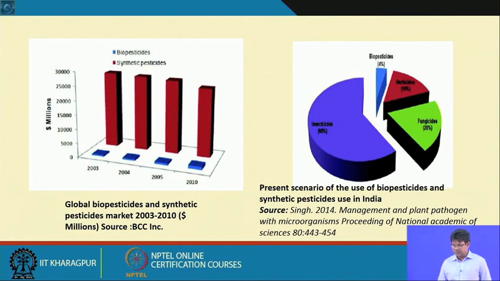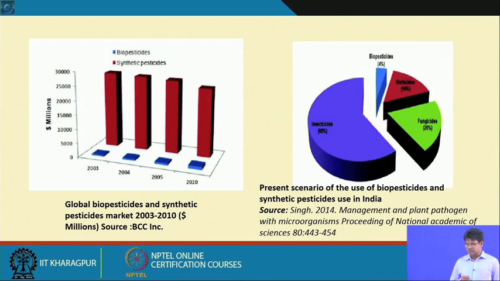At the same time, you can see a somewhat increasing use of biopesticides from 2003 to 2010. That means biopesticides are also gaining market and there is huge potential, but it needs to increase, and we have to replace the synthetic pesticides with biopesticides.